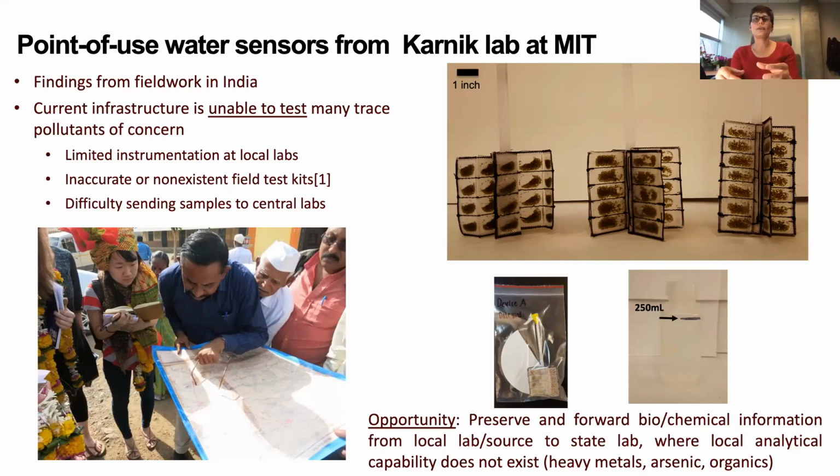They use this fan that has those little resins that are being repurposed, which has a very good binding affinity to heavy metals. They expose the water to this particular material, and then after that they blot it, dry it, and they are able to put it in an envelope and ship it to a lab that will do the analysis.